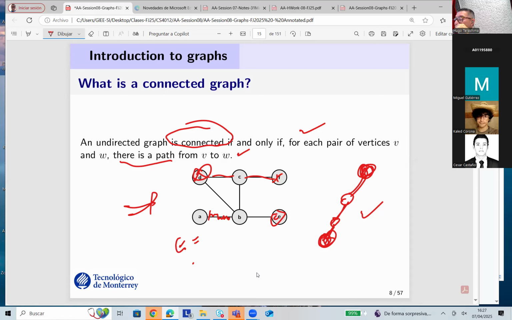It should comply with the condition that for each pair of vertices you have a path that connects. If, for example, this one is not connected, the whole graph is not going to be connected.